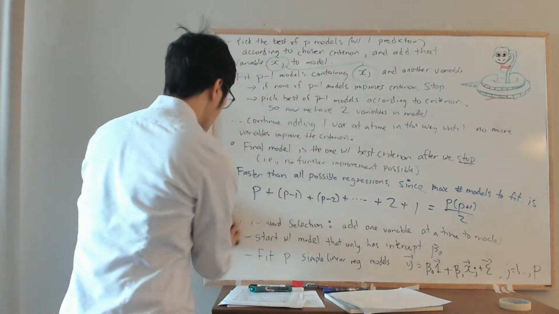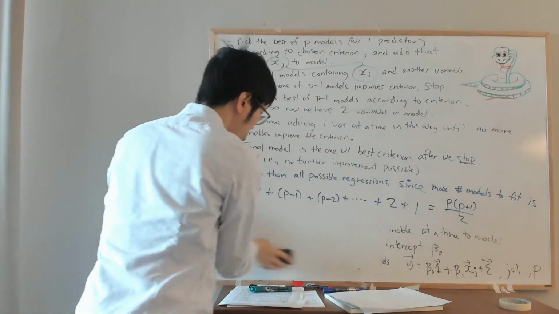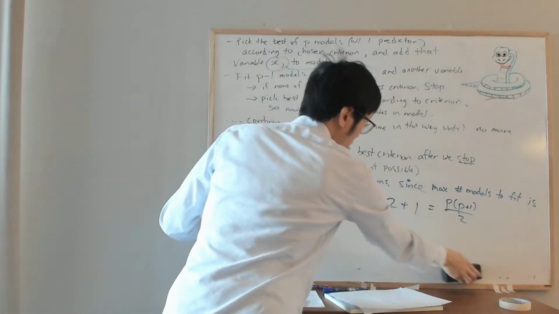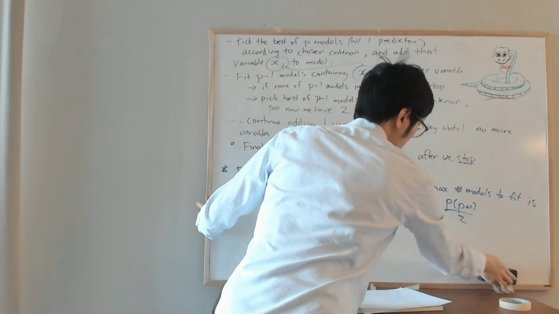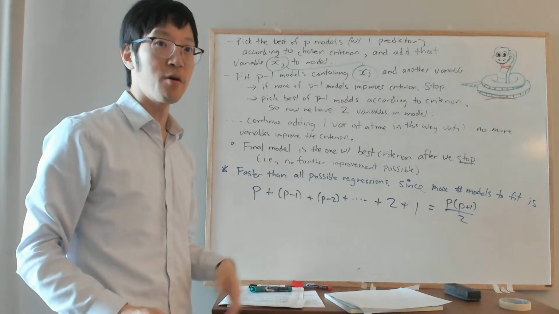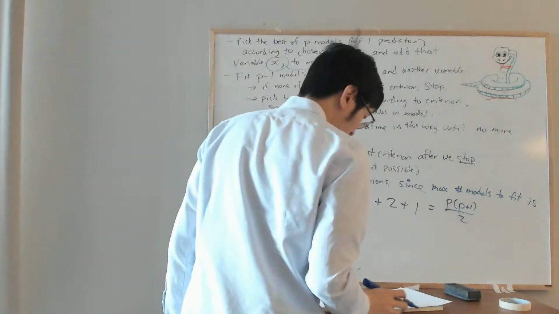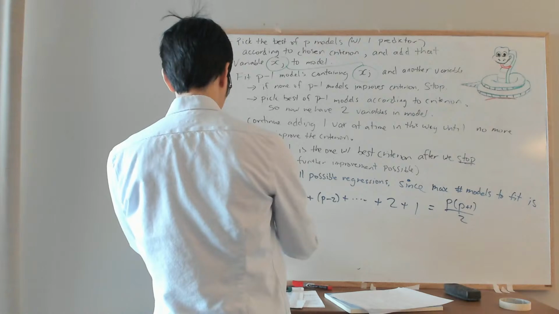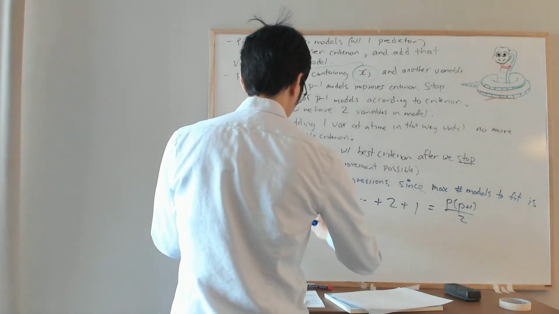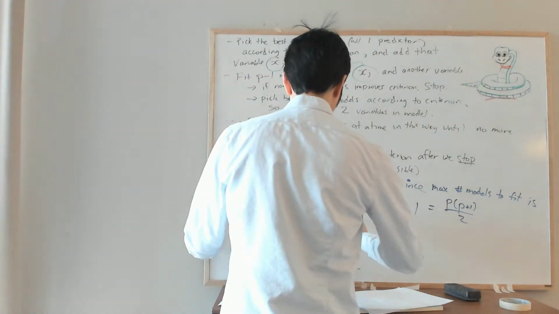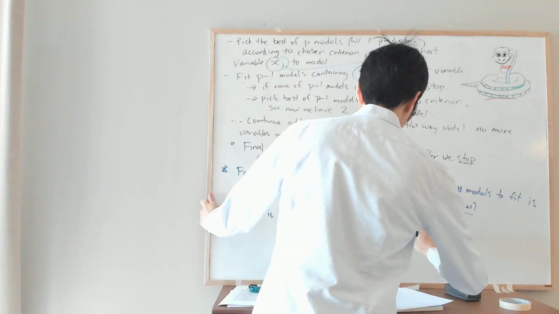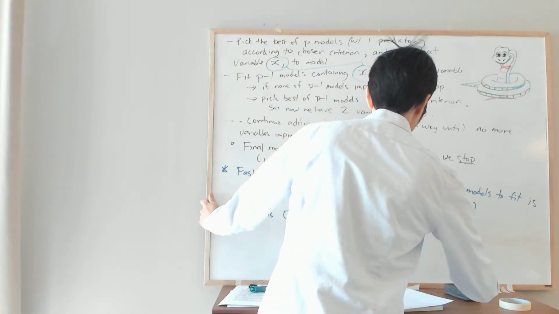And so we see the difference between the sequential procedure and the all regressions procedure. This scales on the order of p squared, so it scales quadratically in p, whereas if we were to test all possible regressions, that would scale as 2 to the p. So p squared versus 2 to the p if we were to test all possible regressions.